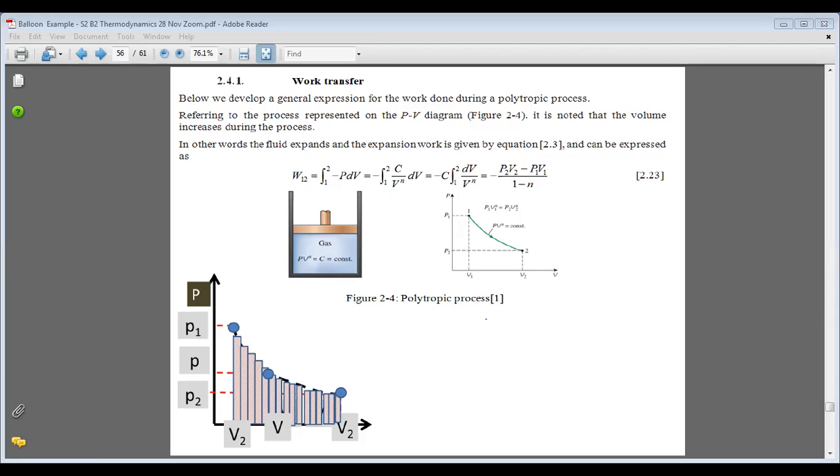In the compressors, we need W12 minimum, because that is the work input. For compressors, you need W12 minimum. For expansion processes, that means for turbines, it is the opposite: you need a maximum work output.